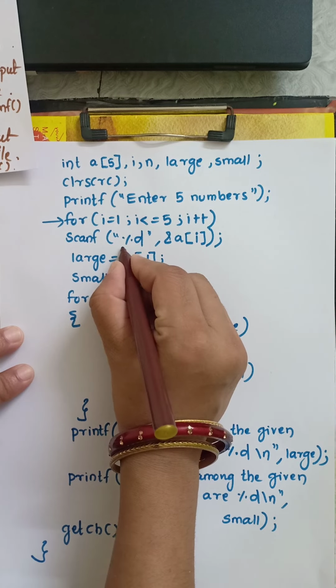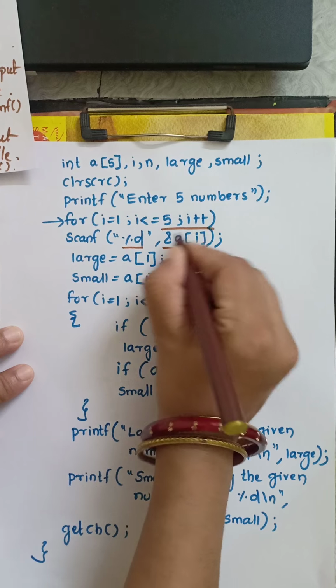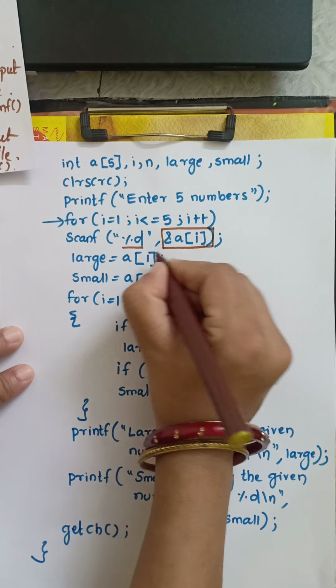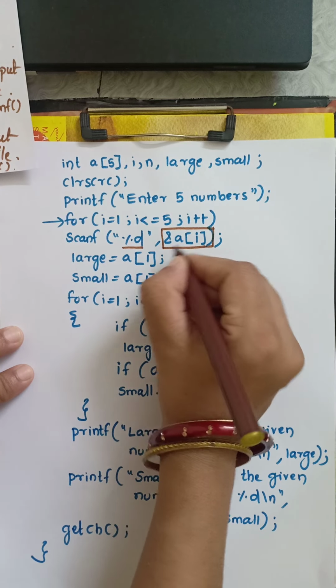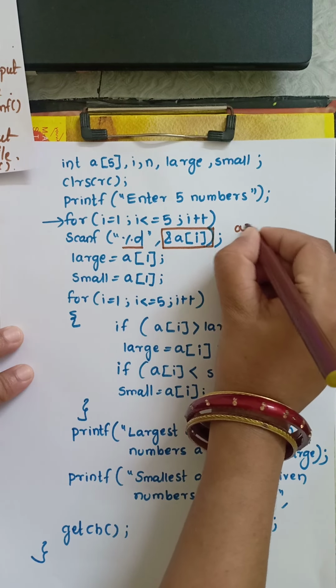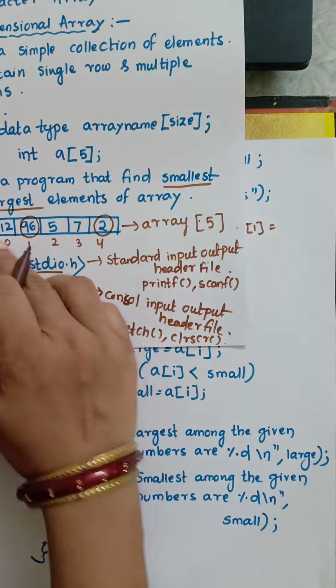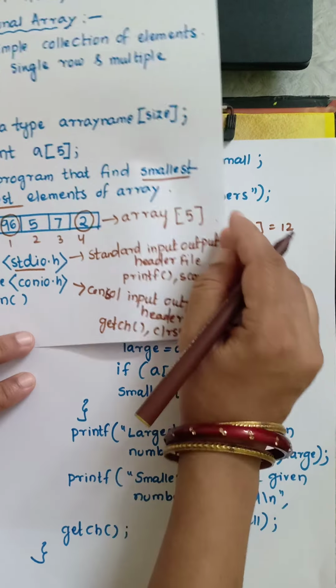Okay, so next I use %d, and here we input the 5 values. So for the 5 values, here we use a[i], means first I enter the value of a1. Look here in this example, first I enter a1 is 12.